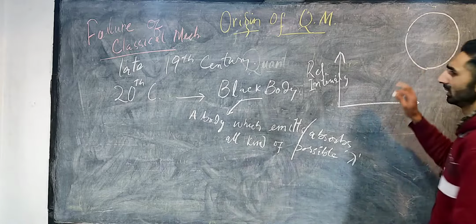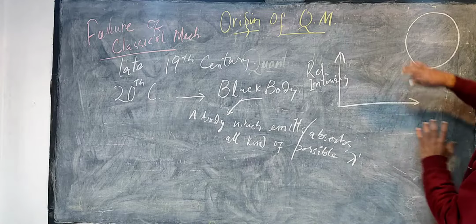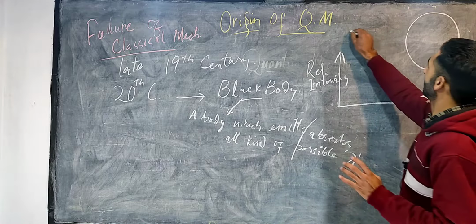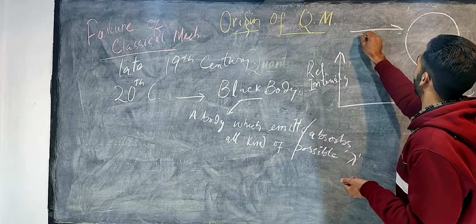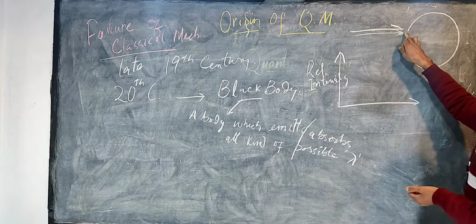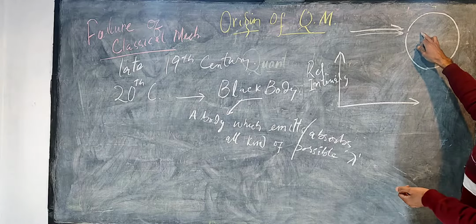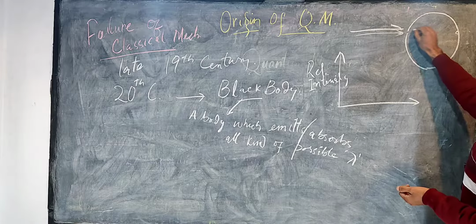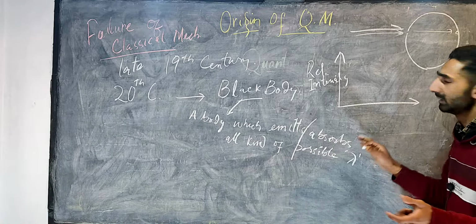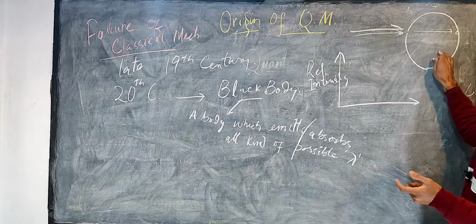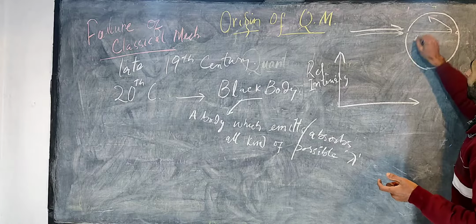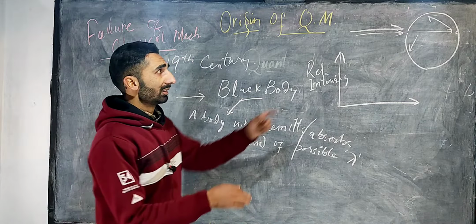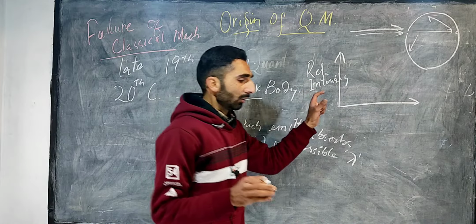We make a sphere-like thing having a hole, and we put the incident radiations onto here so that it gets inside the cavity, and inside the cavity we put a little notch so that almost all the radiations incident on this body get trapped inside. All kinds of photons get trapped inside this.